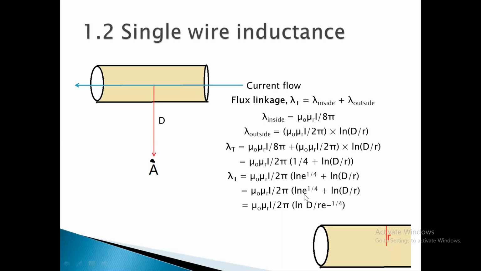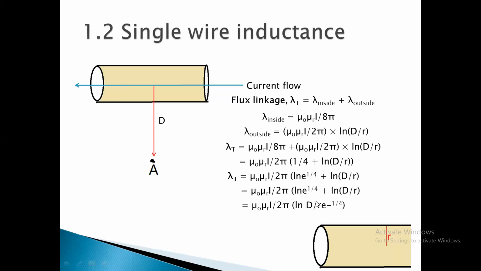So log of a plus log of b is equal to log of a multiplied by b. So it is just like that. So I put here d divided by r. You know that log of m plus log of n is equal to log of mn. You know this.